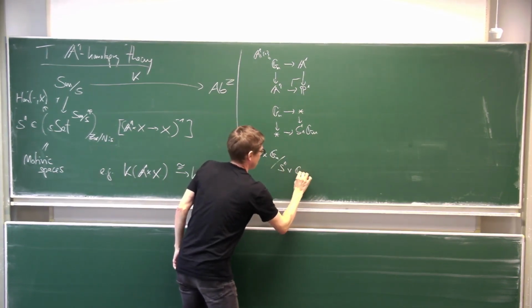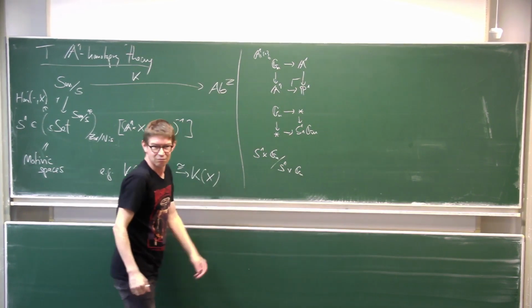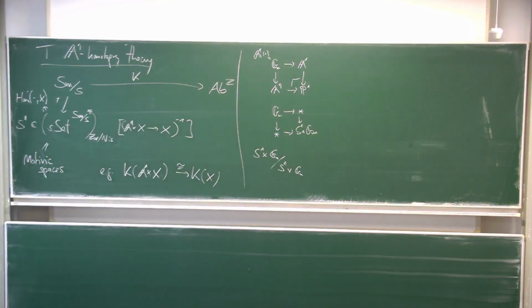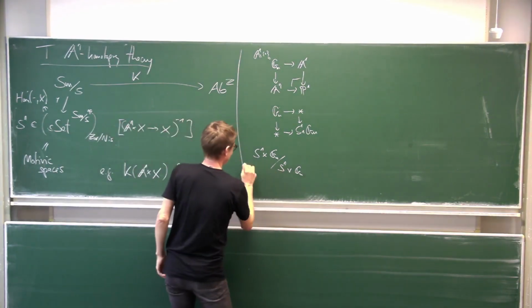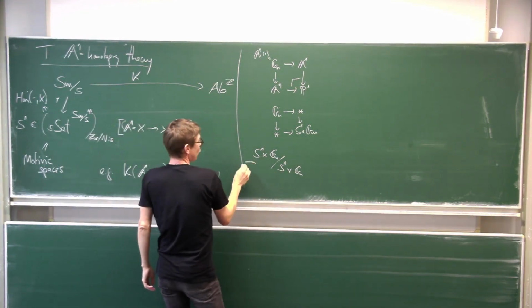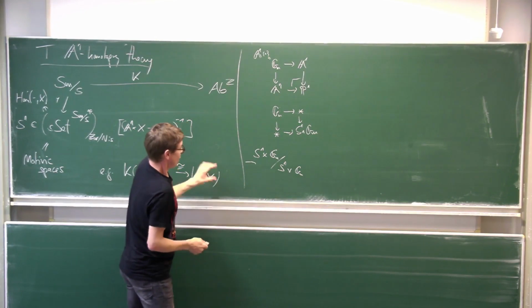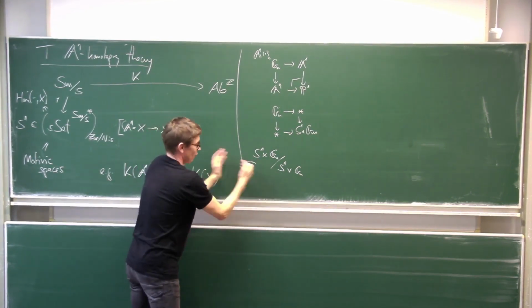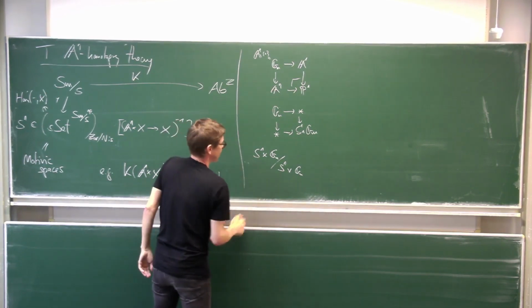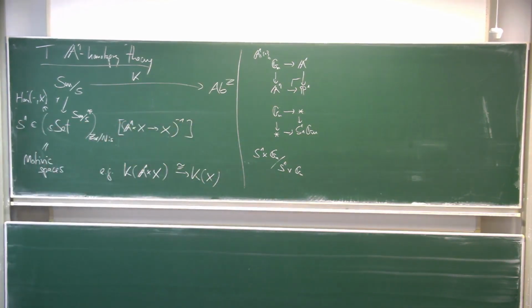So what is this? This again is a co-equalizer of the inclusion of this here as a constant map and as the whole subspace. Okay, thanks. This makes sense.